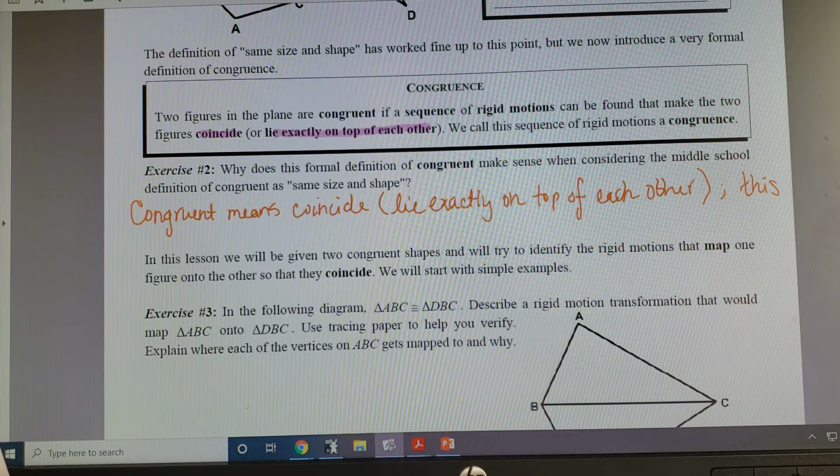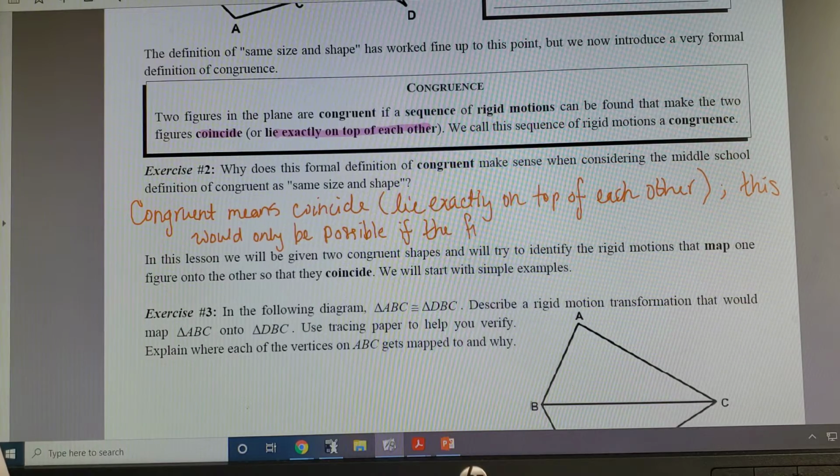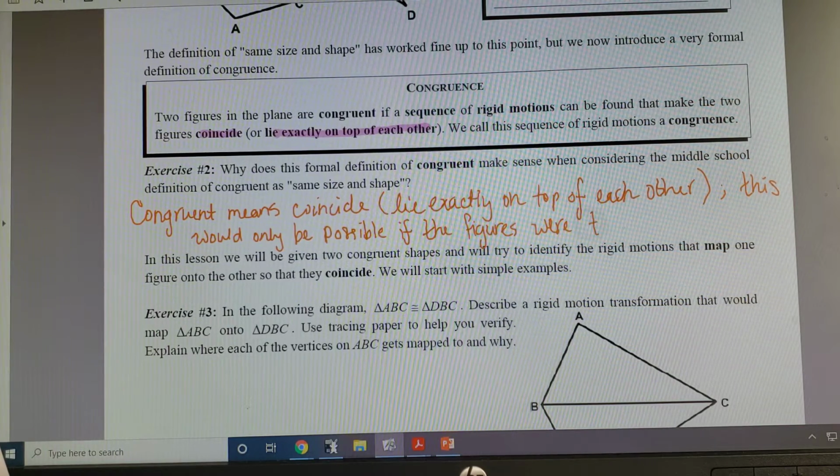This would only be possible if the figures were the same size and shape.